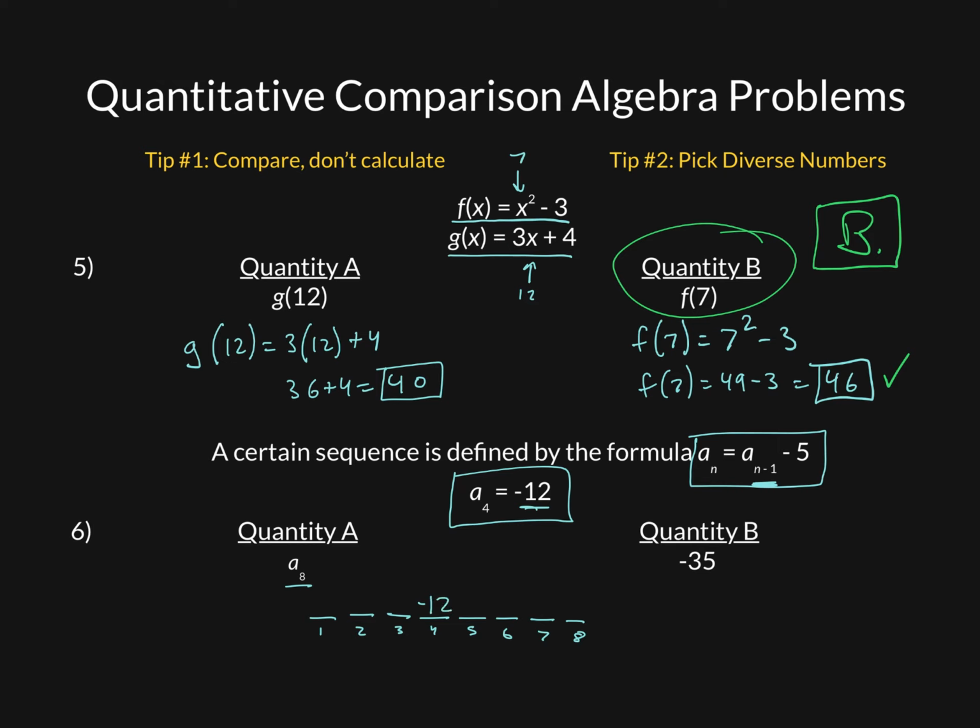And the formula essentially is telling us that if we wanted to solve for a4, which we know is negative 12, we use the formula an equals an minus 1 minus 5.